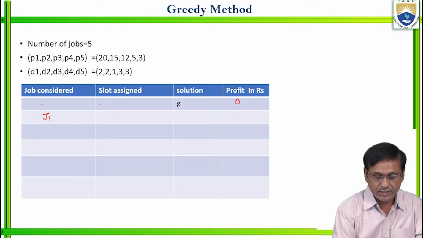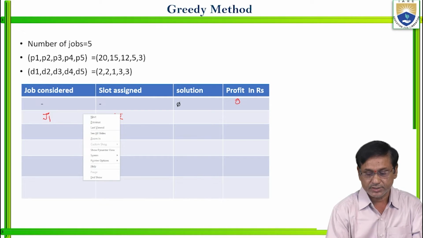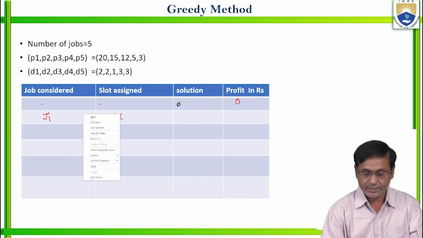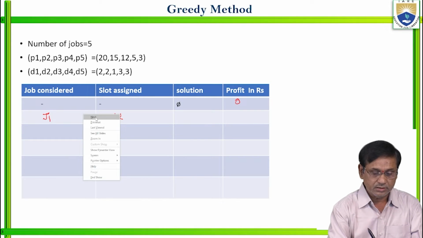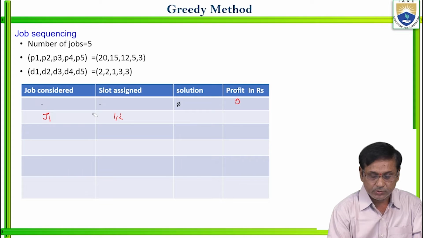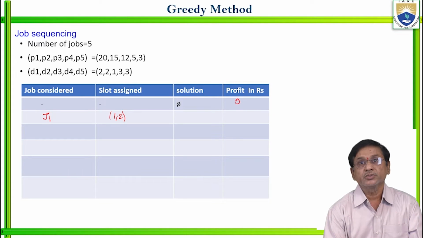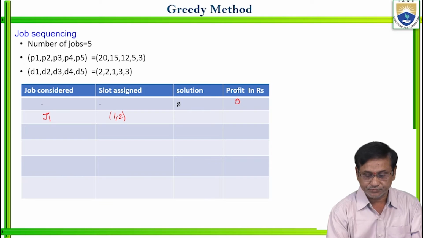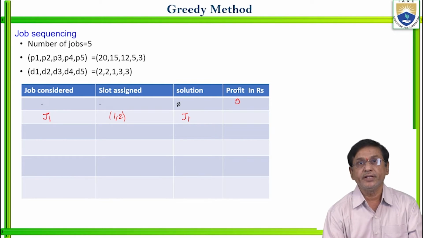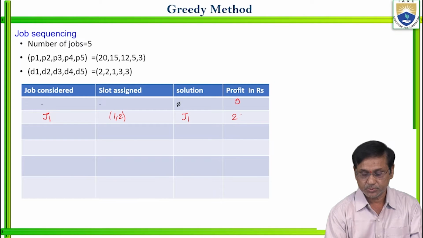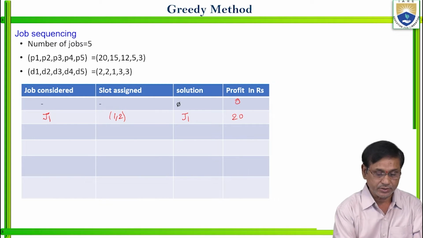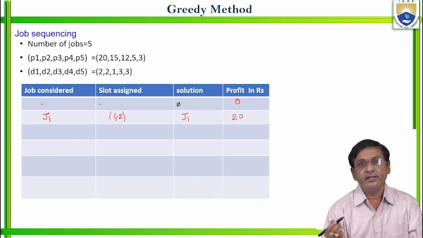Now we can assign slot 1 to 2. Then the solution is J1 and the corresponding profit is 20. Next, we can select the next job.